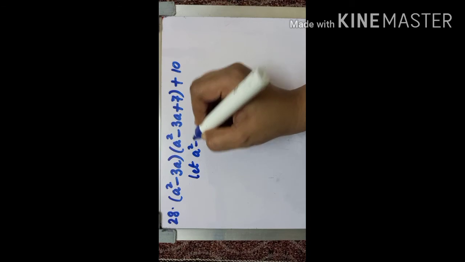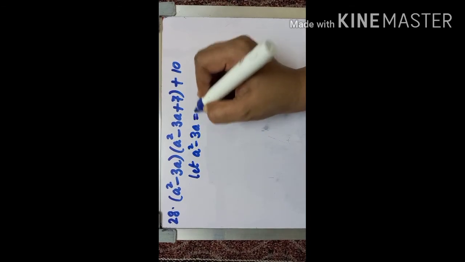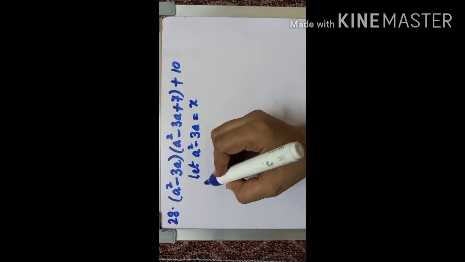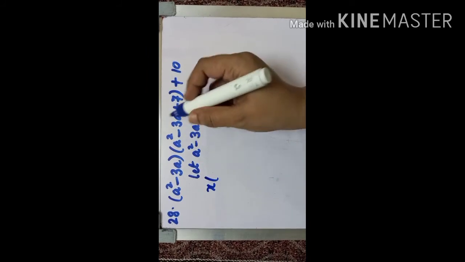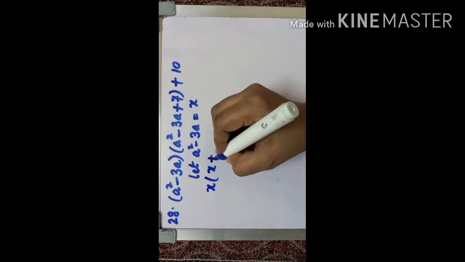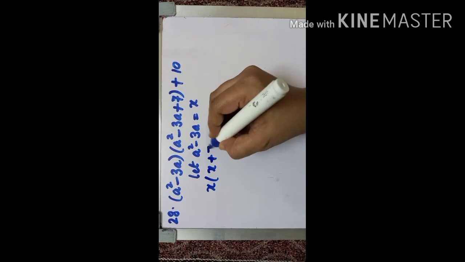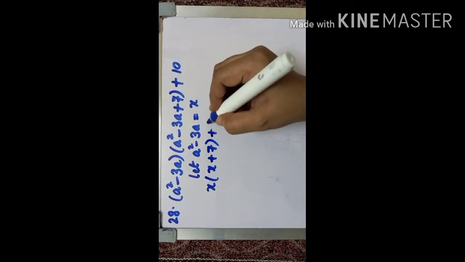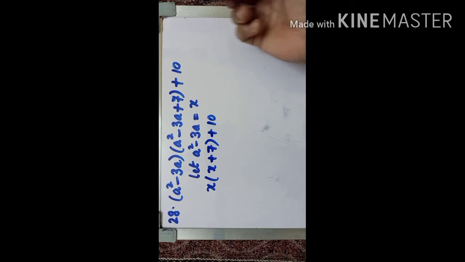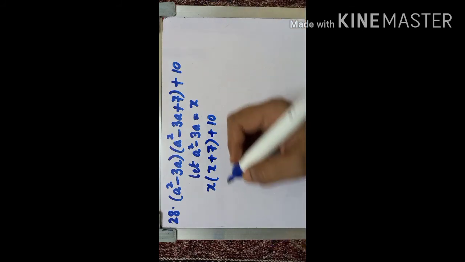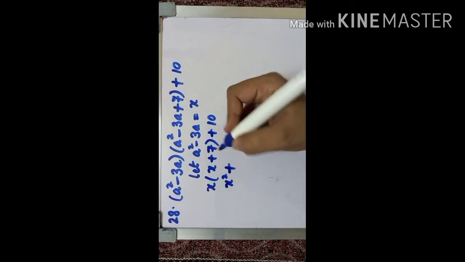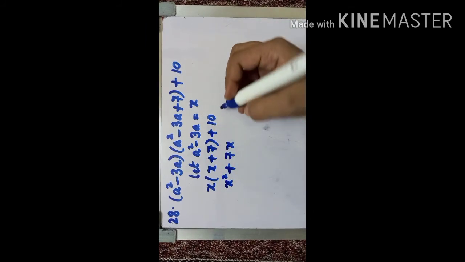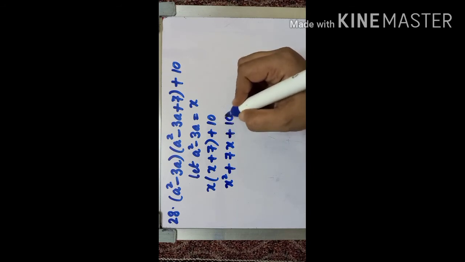Okay, so here x you will get, then under the brackets again one more x, then plus 7, this plus 7 will be as it is, then that plus 10 will also be as it is. Okay, so now x into x will be x square plus x into 7, 7x plus 10.